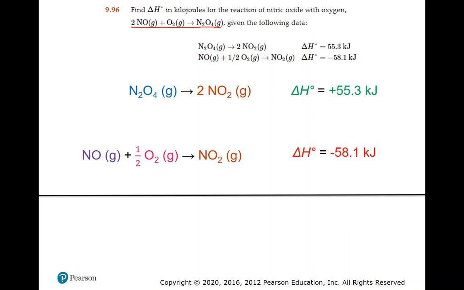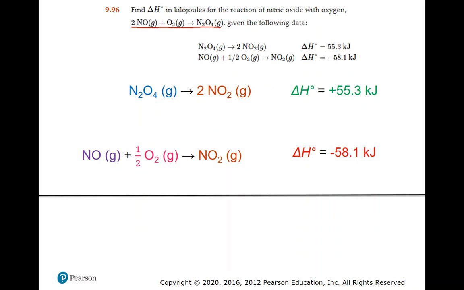So here I've just rewritten the two individual steps that they gave us, and to make the next couple of steps easier, I've color-coded things. So you can see I've color-coded all the different compounds. N2O4 gas is in blue. Nitrogen dioxide gas I've coded in brown because that compound is actually a brown gas.